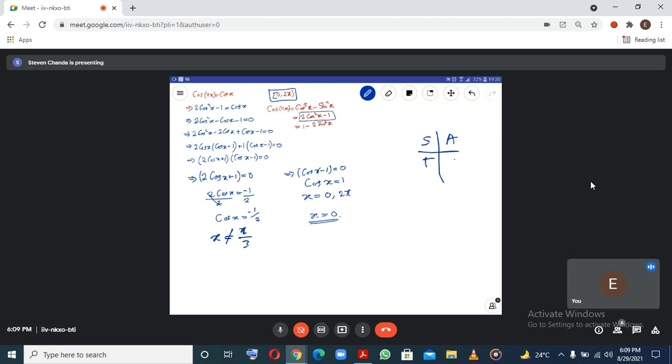So if all students take coffee, what does this tell us? It tells us that cos is negative, so cos is in the third and second quadrant, because this pi over 3, that's 60, is in the first quadrant.